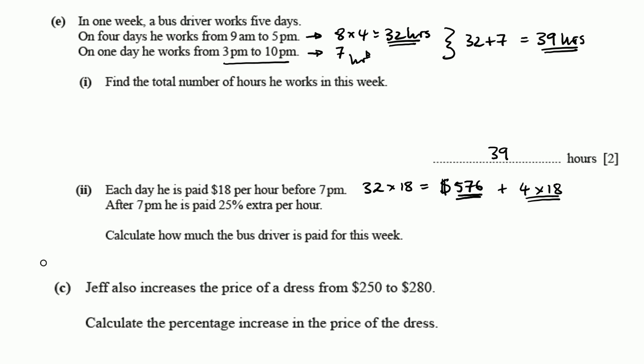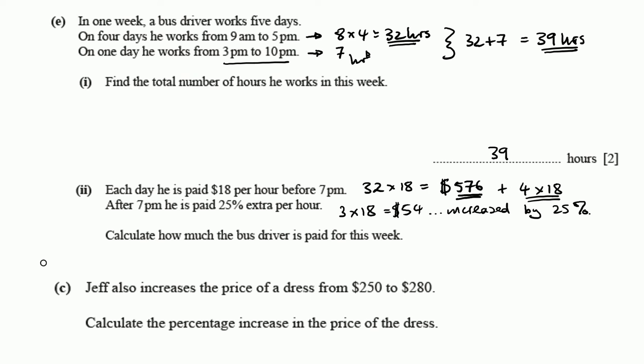But then from 7 till 10, he's being paid an extra 25%. So from that 7 till 10, we've got 3 lots of 18, which is $54. We now have to increase this by 25%.